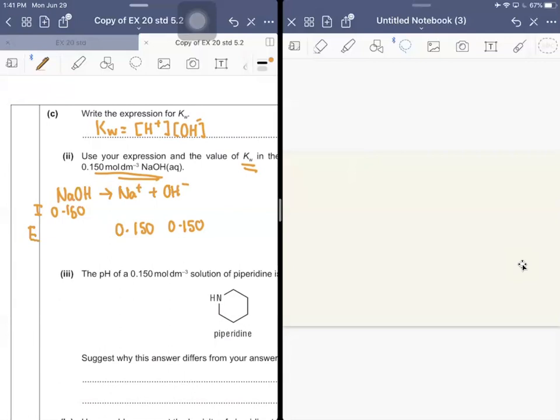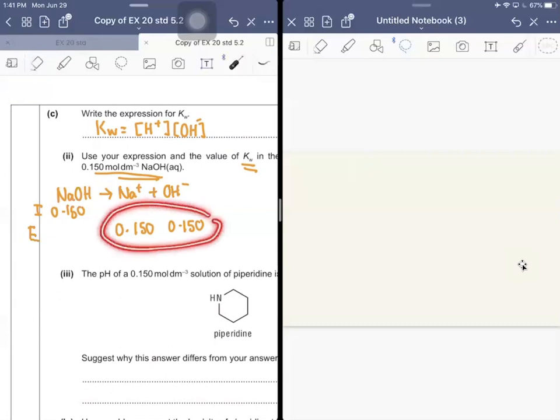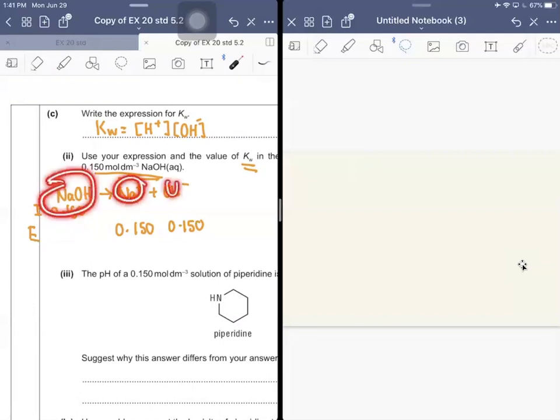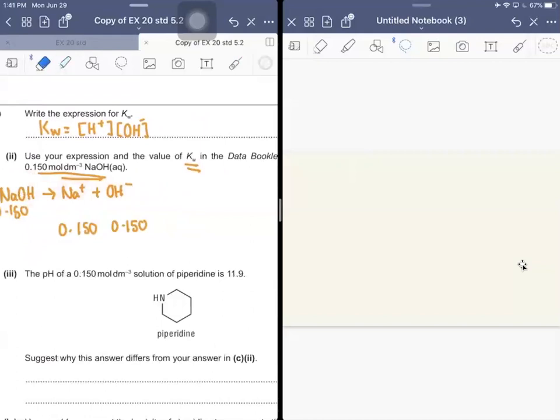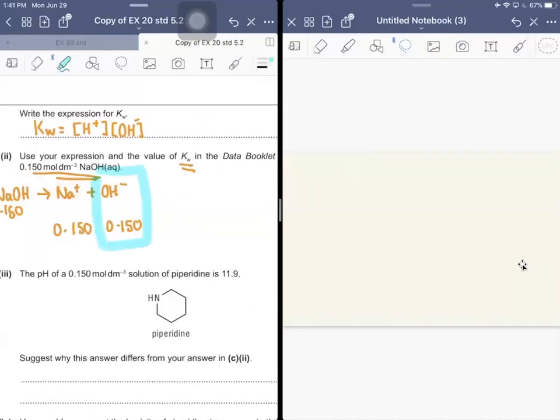It's not like 0.150 divided by 2. You may say, but what if I add 0.150 plus 0.150 of each ion, then I should get 0.30, but my starting material is 0.150. That's not how it works. In the chemical equation, we follow the mole ratio. Here, you already know the concentration of the hydroxide.